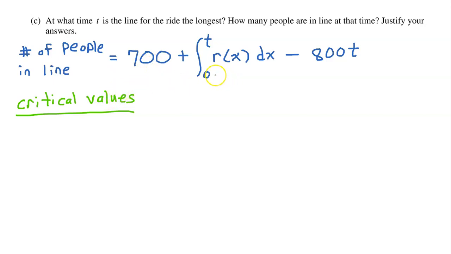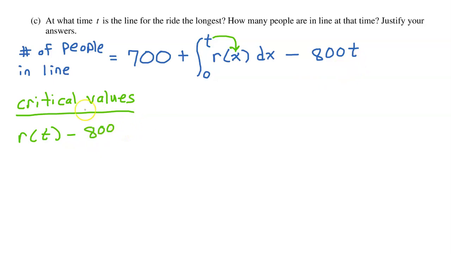According to the second fundamental theorem of calculus, if we take the derivative of an integral like this, the derivative and the integral sort of cancel each other out, and we are left with the function r of x, but we write r of t because that's how the second fundamental theorem of calculus works. The real variable goes in for the placeholder. So that's that part. And then the derivative of minus 800t is simply minus 800.